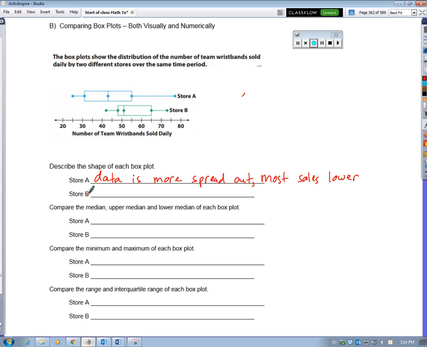Okay, store B, their data was closer together, and most of their sales were more than what we had for store A. Okay, so we can say data is closer and most sales were higher.